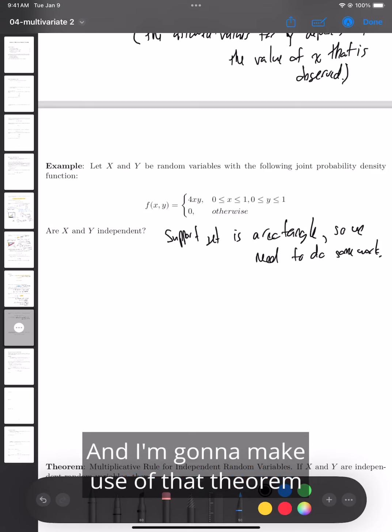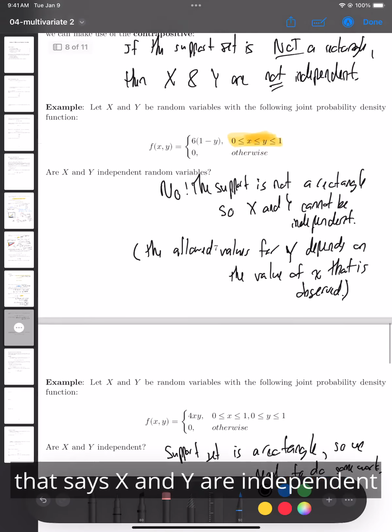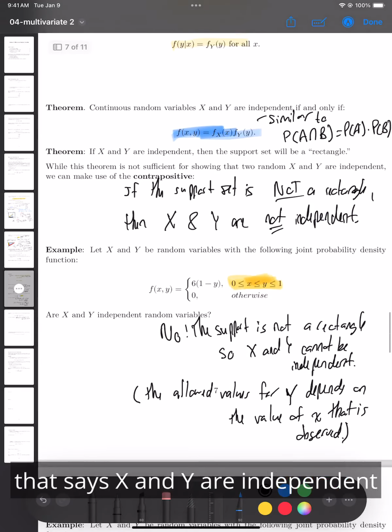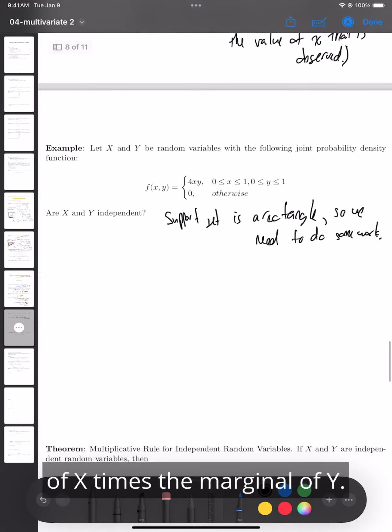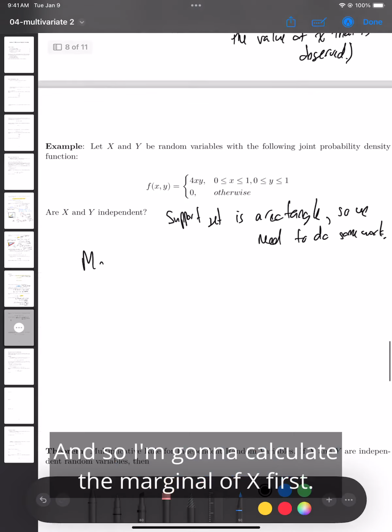I'm going to make use of that theorem that says X and Y are independent if and only if the joint is equal to the marginal of X times the marginal of Y. I'm going to calculate the marginal of X first.